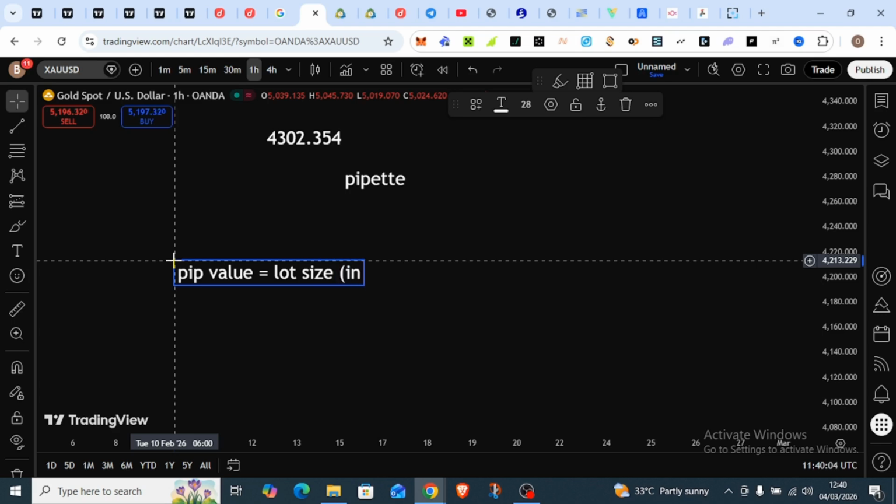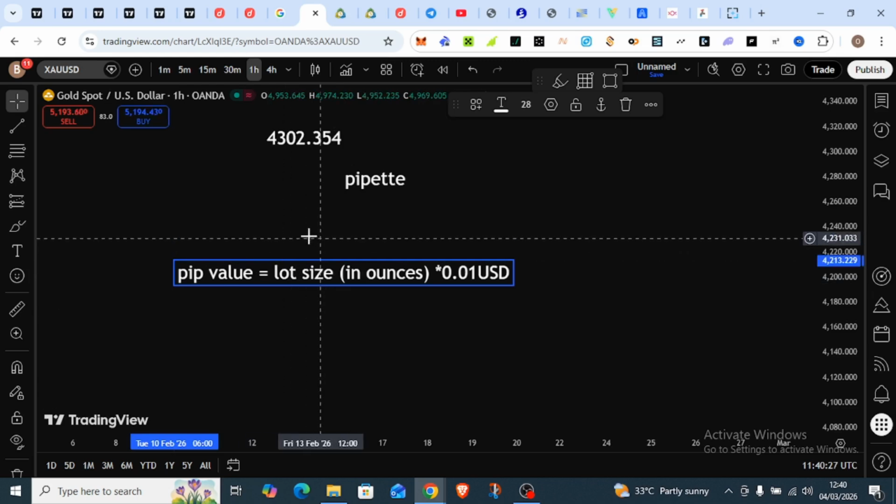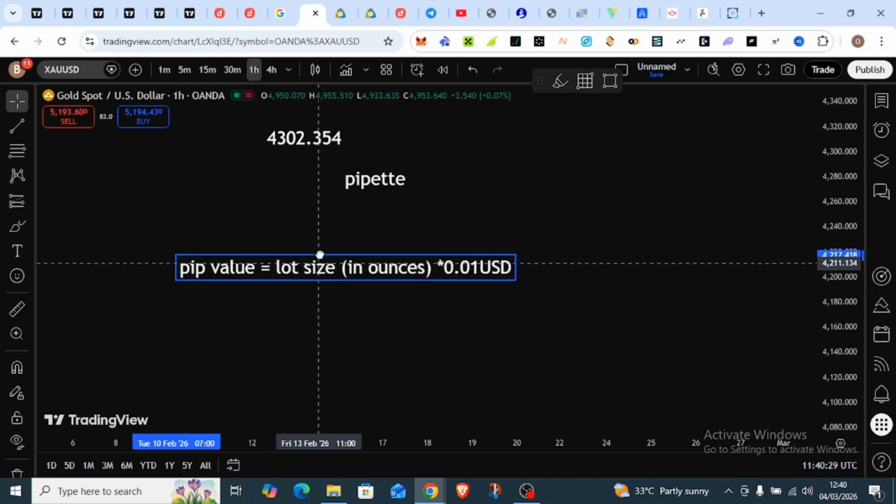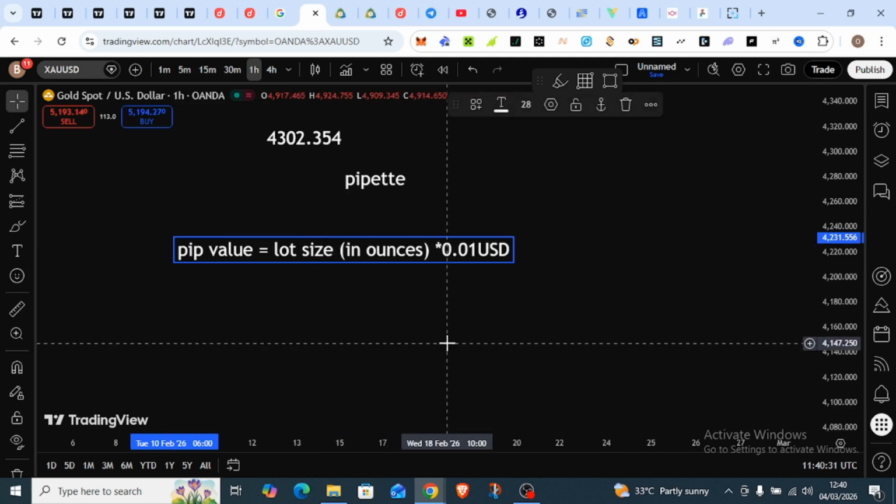Let's put it in ounces times 0.01 USD. So this is the formula for calculating pip value.